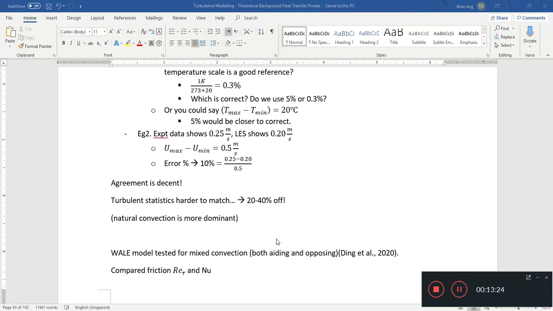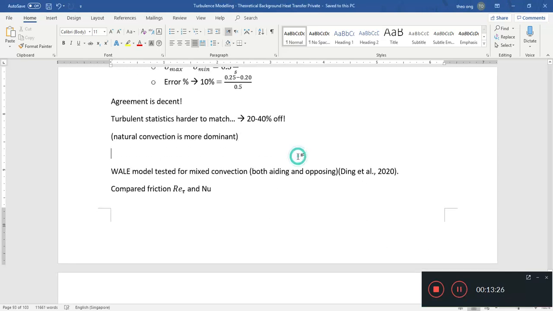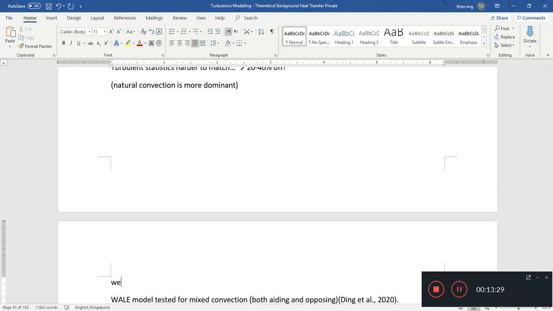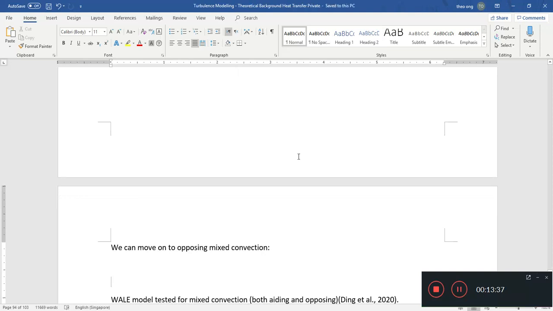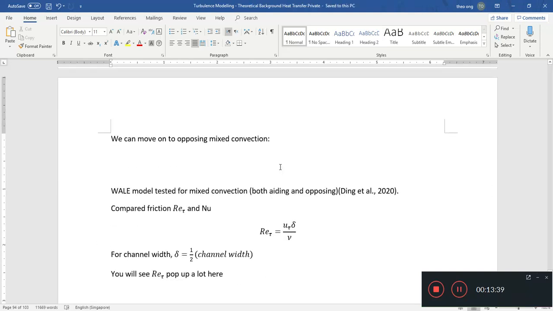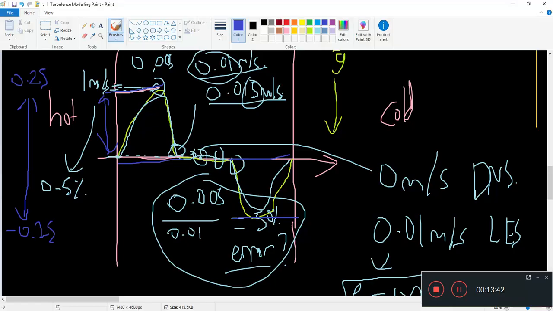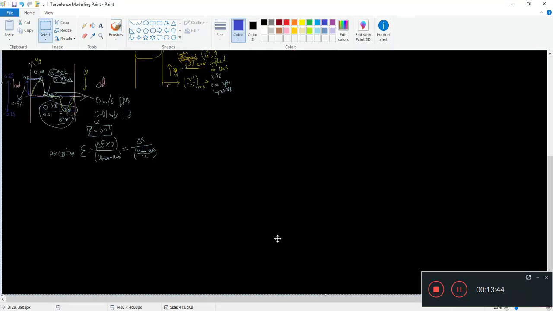So we can move on to opposing mixed convection, but before that I want to pause for a while, and then I'll say, in mixed convection you have these few situations.